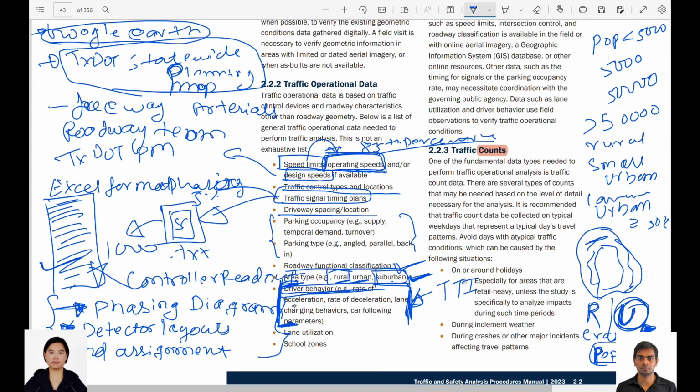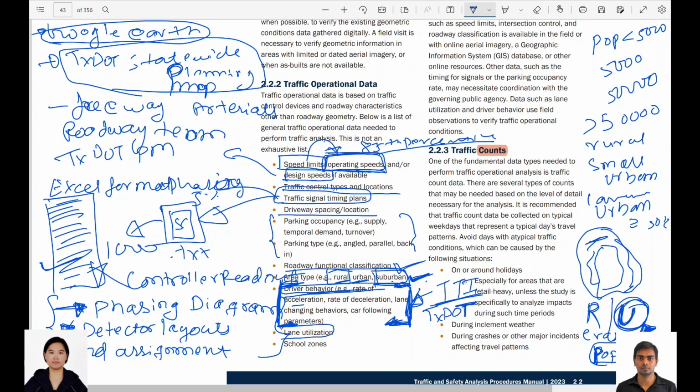Driver behavior, acceleration rate, deceleration rate, lane changing behavior, car following model, these are out of reach of the consultant world. So an institute like the Texas Transportation Institute or TxDOT would collect and provide some default values or range of values for us to use.